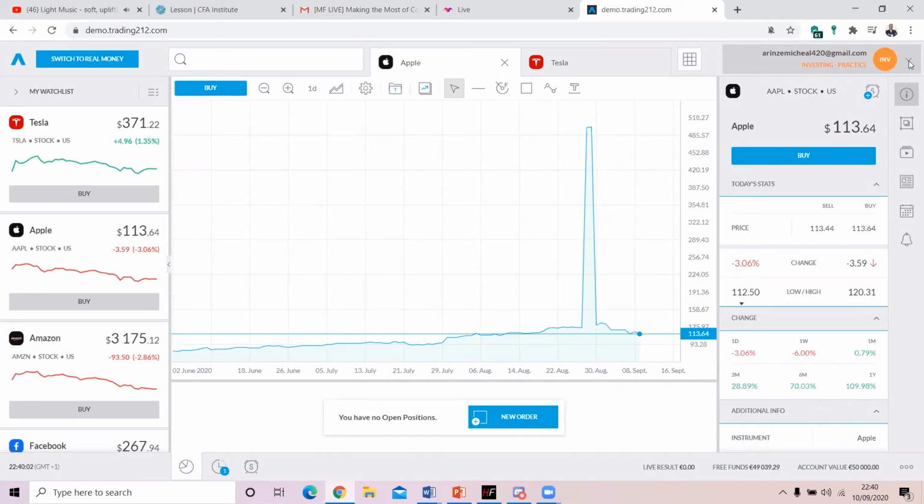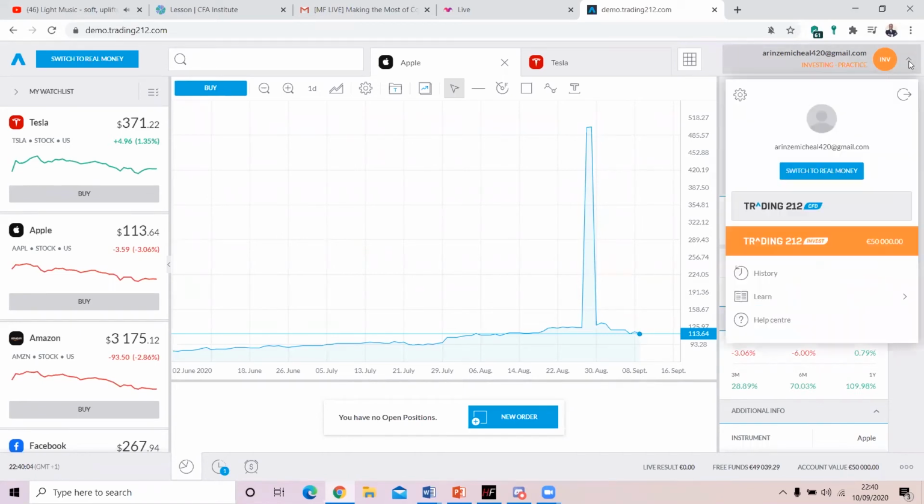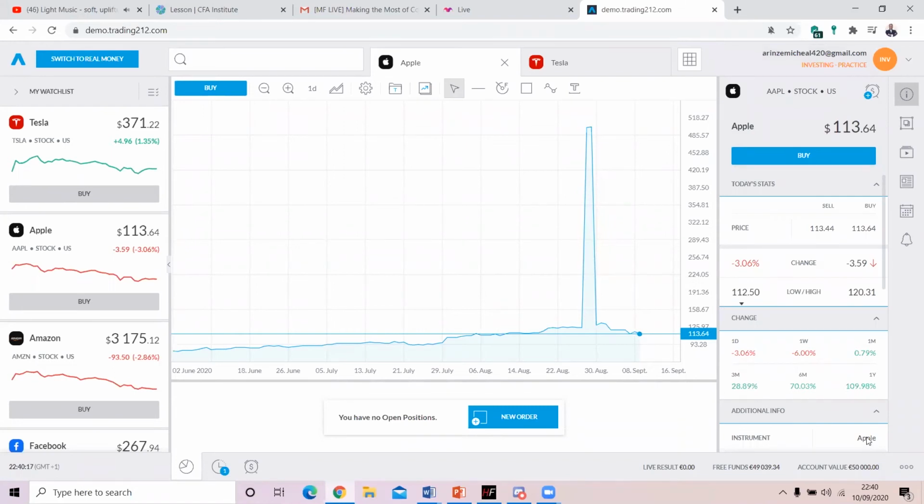At the top right-hand, you saw that notification that popped up, buy order placed. So we can click here to see our activity, what we've been doing so far. At the lower part, you see the Apple.